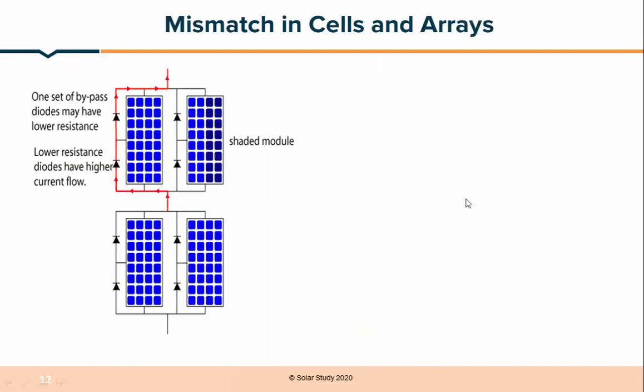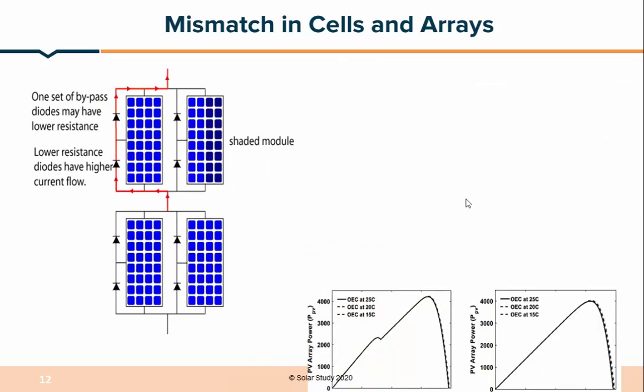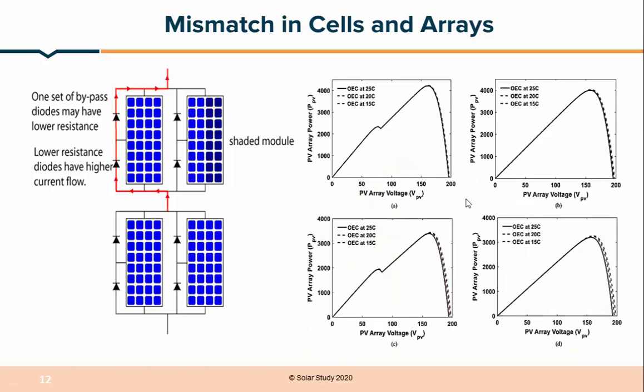Now there can be a mismatch in the solar cells and solar arrays. How does the mismatch occur? One cause is shading. When shading happens to a particular solar cell, it starts giving less voltage compared to the nearby modules. Suppose a tree starts casting shadow on this module.